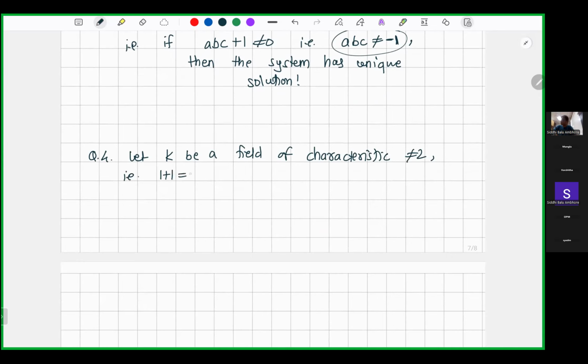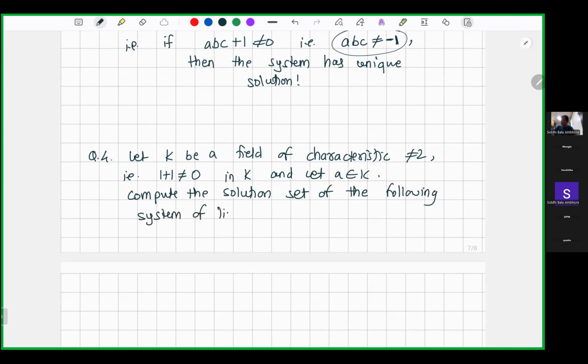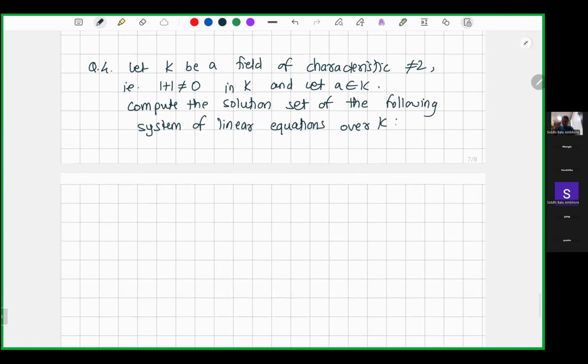That is, 1 plus 1 is not equal to 0 in K, and let A belong to K. We have to compute the solution set of the following system of linear equations over K.